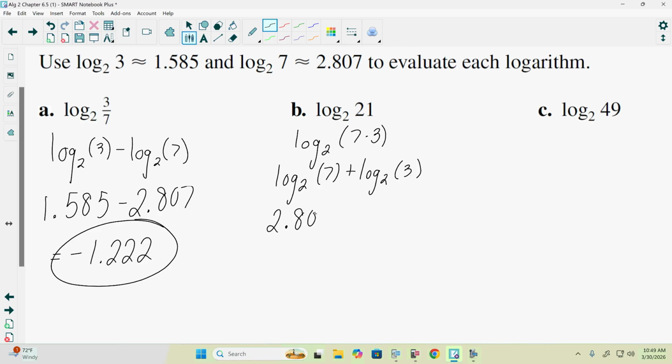And according to what they told us, log base 2 of 7 is 2.807. And log base 2 of 3 is 1.585. And now we just need to add those two together, because once we add those two approximations together, we figure out what log base 2 of 21 is.